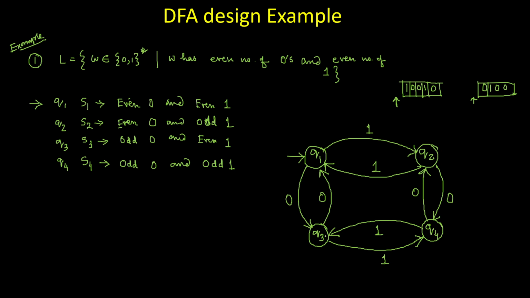The machine should accept the string only when it is in Q1, because Q1 represents even 0, even 1. So whatever is your initial state can act as your final state also.